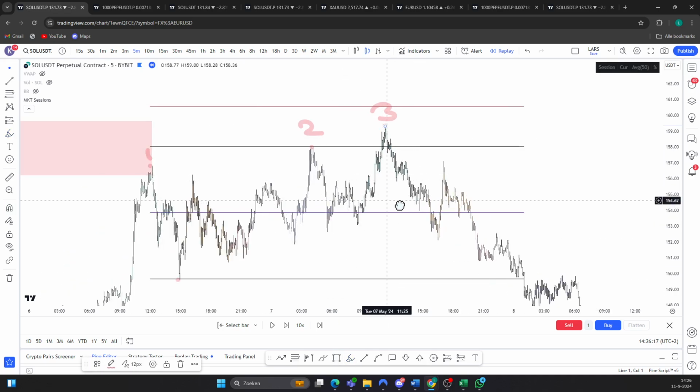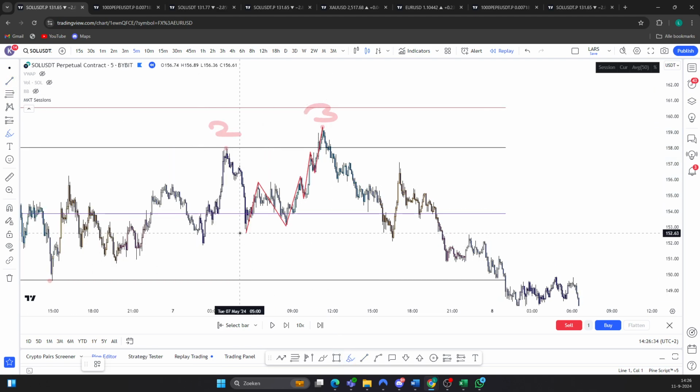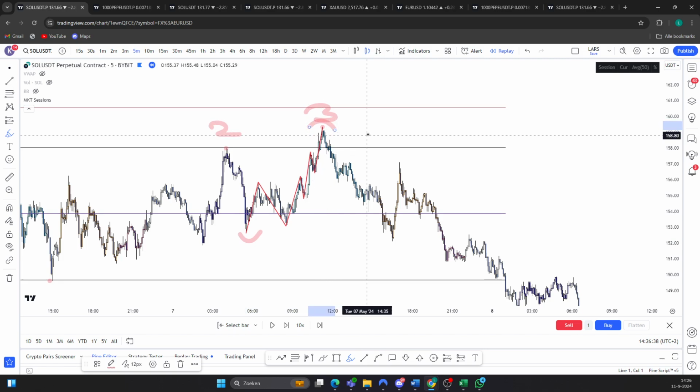Now we need to wait for a structure confirmation. So I kept on drawing that structure from high to low like we just did using the 6 candle rule, okay? From high to low. And I told you guys, preferably we want to have a break of structure of this uptrend from our lowest point between tap 2 and tap 3 up towards our third tap high.